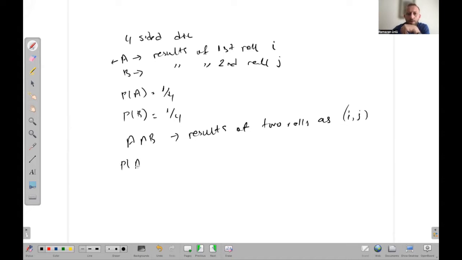So the probability of A intersect B is going to be 1 over 16, right?